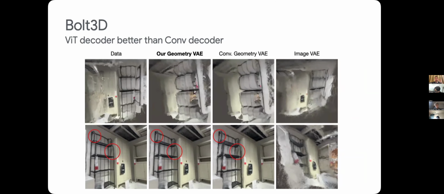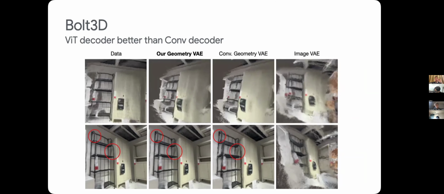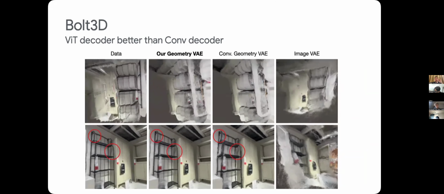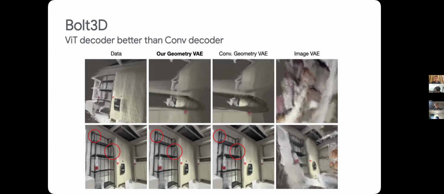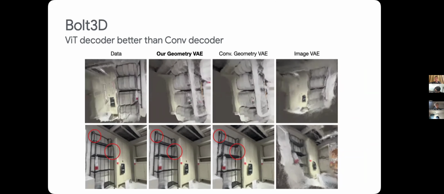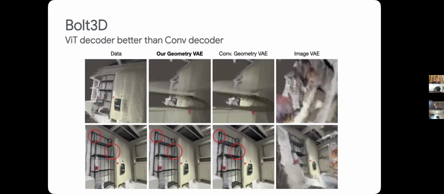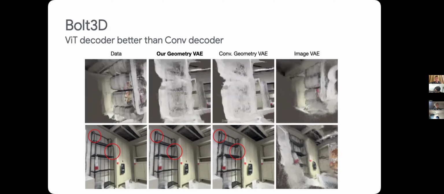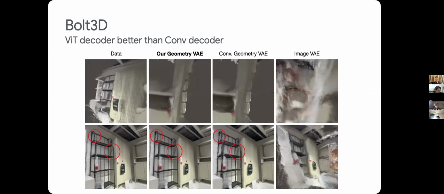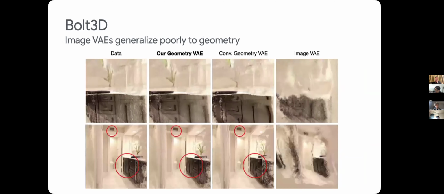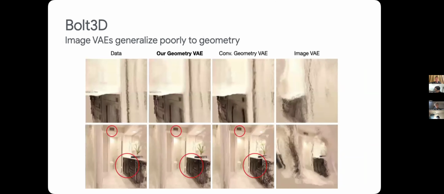But when you actually look at the results of the convolutional decoder, it leads to perceptually jarring artifacts, like not actually maintaining straight lines, as you can see here on this slide. Those artifacts can be seen across a big range of scenes, including those bathroom shelves here.